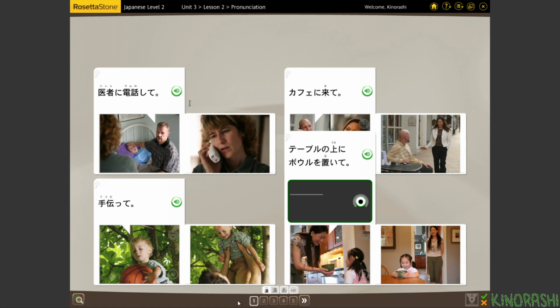Finally, the site loaded. Tetsudate. Oh, that means help.